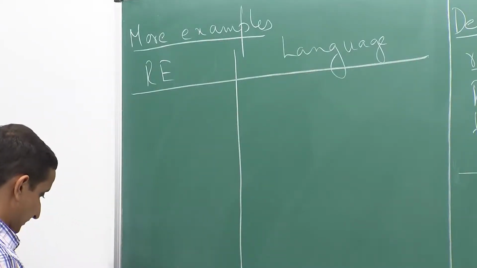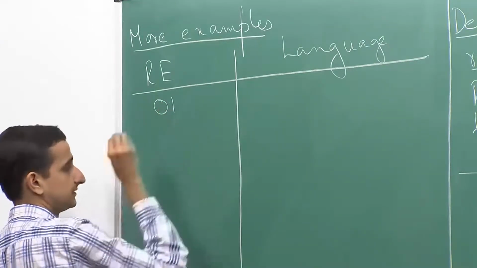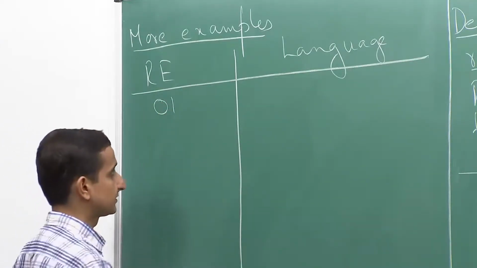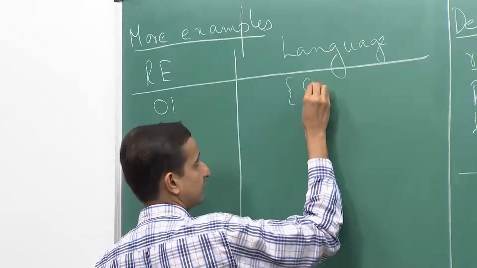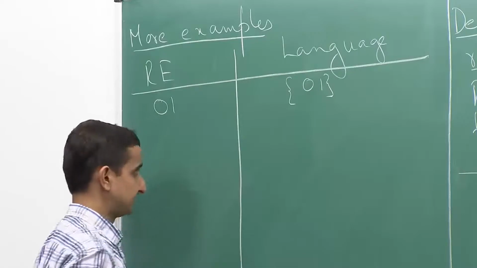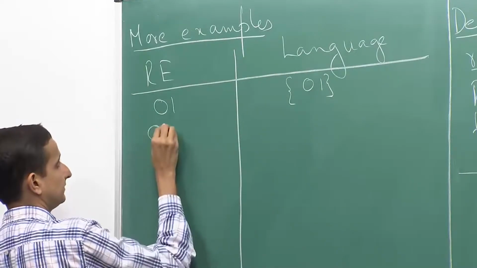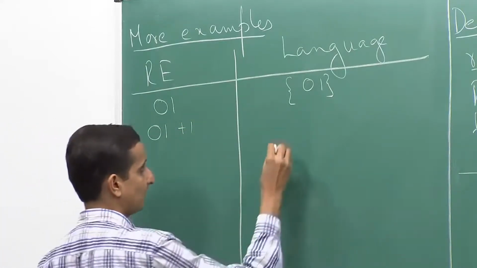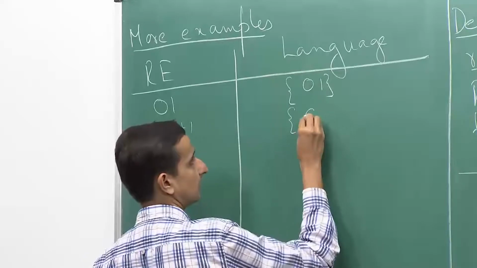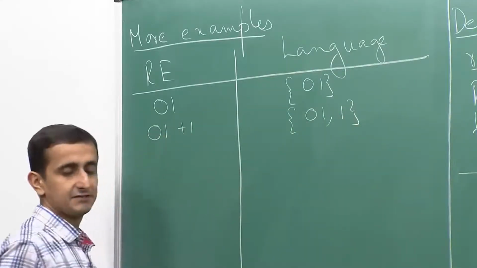So, the first one is let us say the regular expression 0 1. So, we saw something similar earlier. So, this basically is the language which has only one string 0 1. Next, let us take 0 1 plus 1. Okay. This has the strings 0 1 and the string 1.